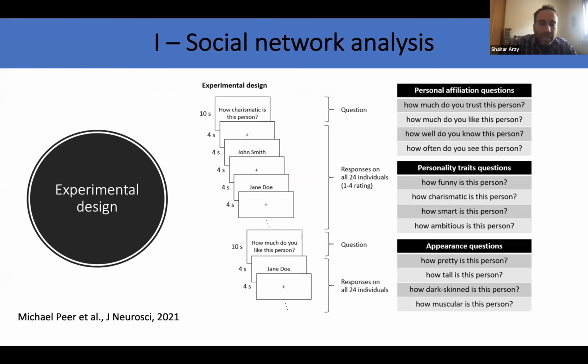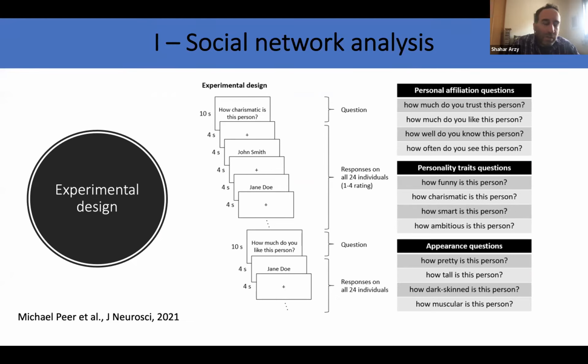Then, under fMRI, he presented 24 different people from one's social network and asked different questions about these people.